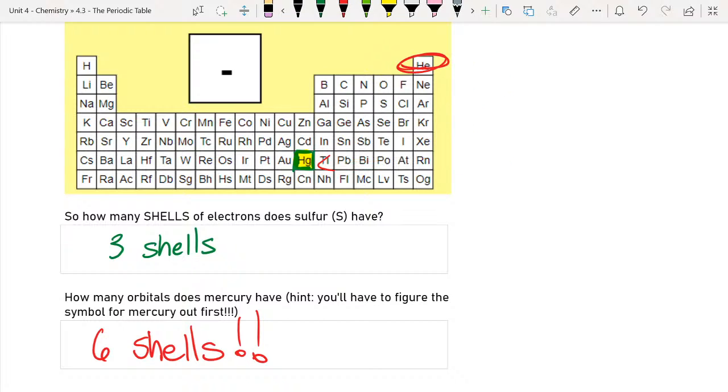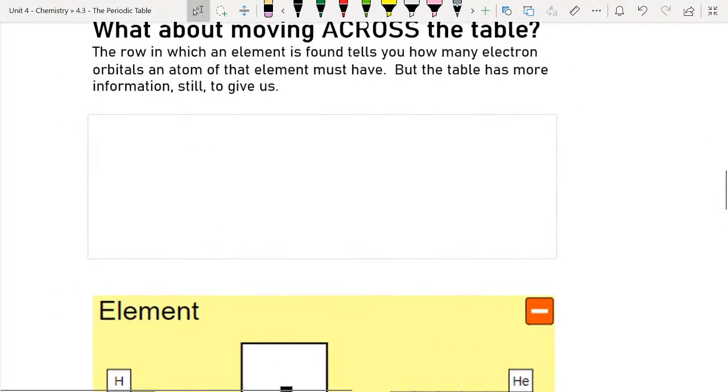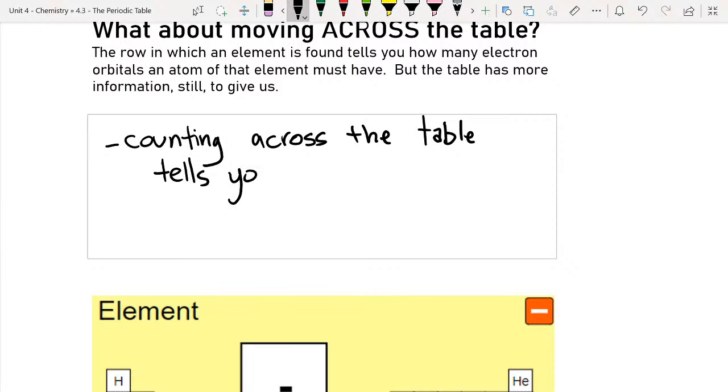The only shell that is ever not full is the last shell. And that is what moving across the table can tell us. Counting across the table tells you how many electrons are in the final shell.